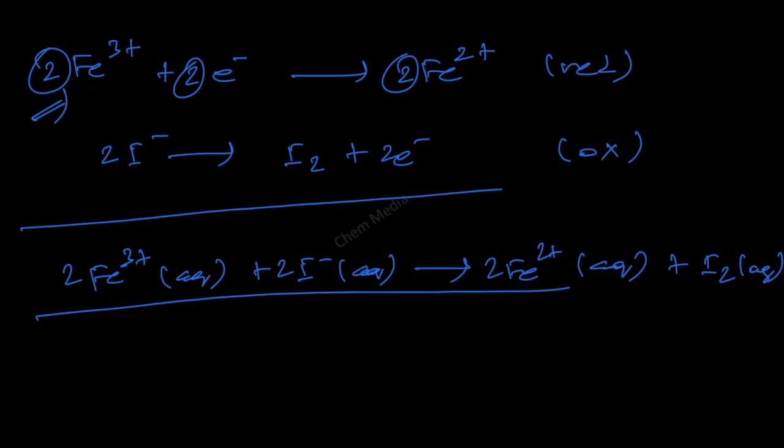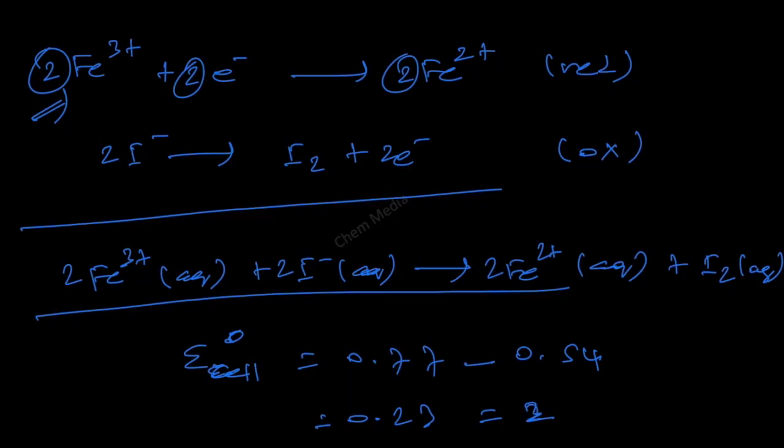We shouldn't do that. Therefore, E cell standard is equal to E standard of the cathode, that is 0.77, minus E standard of the anode, that is 0.54. Therefore, that is equal to 0.23, which we can write as 23 times 10 to the power minus 2 volt. Therefore, 23 is the correct answer here.